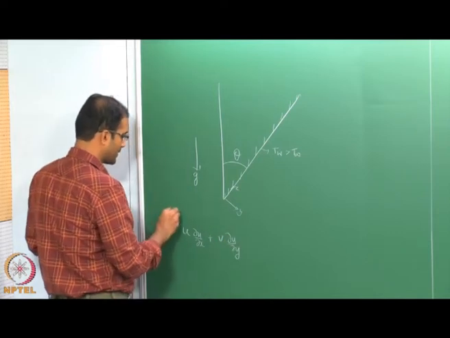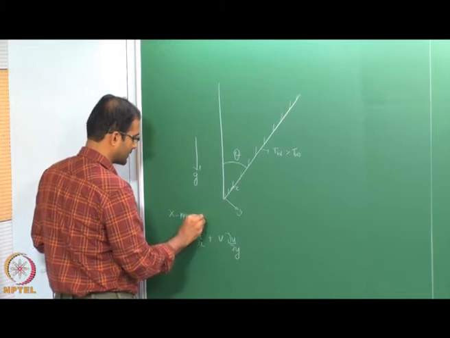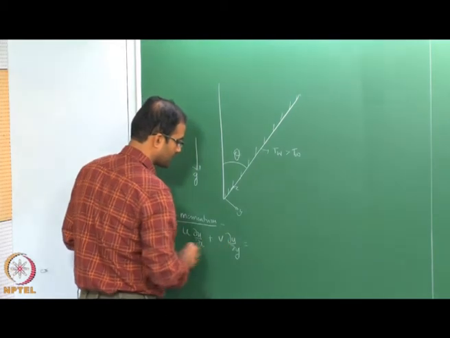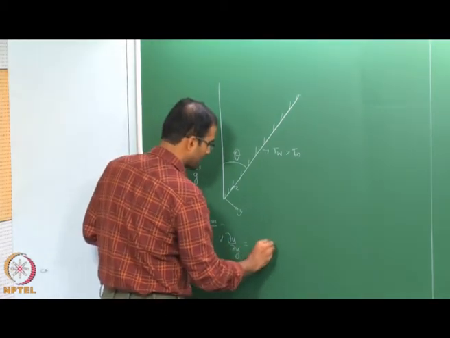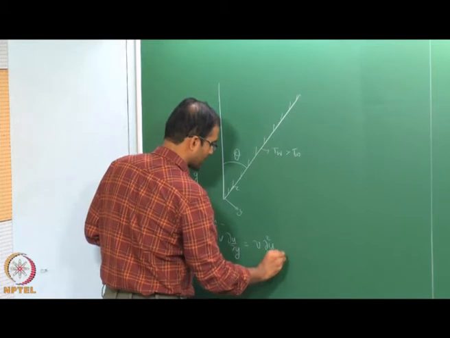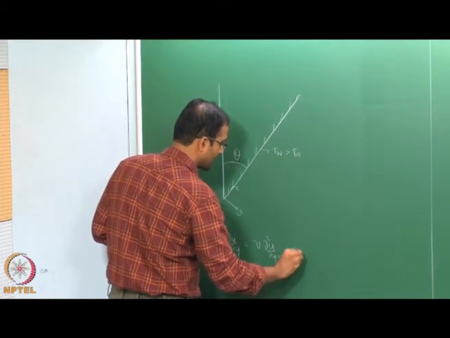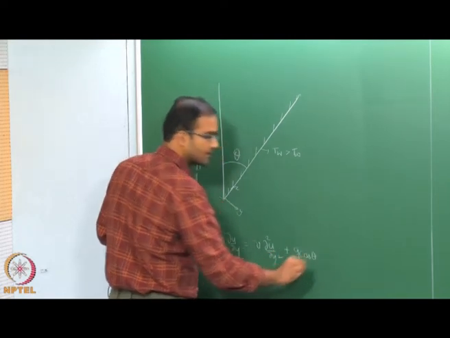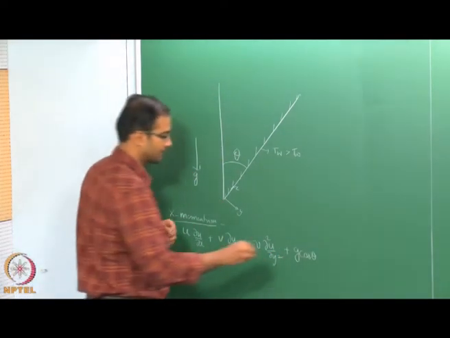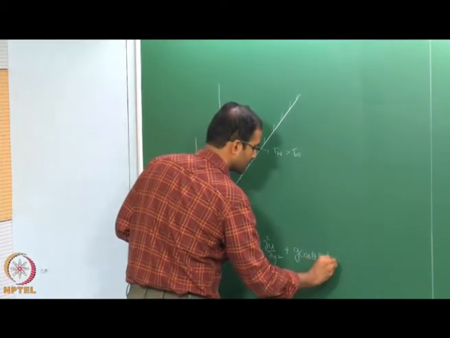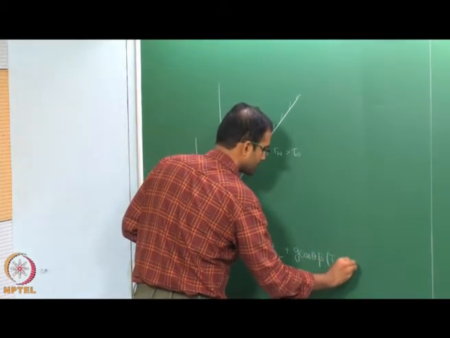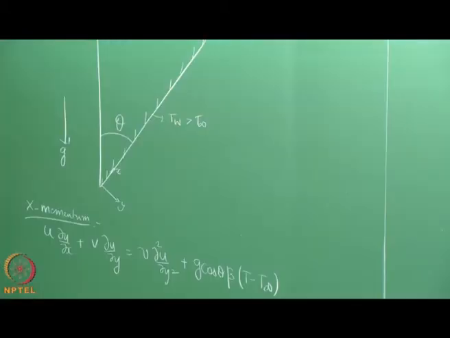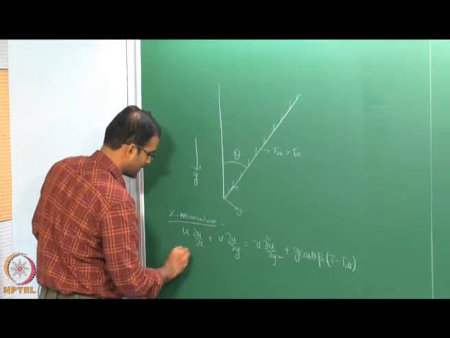This is the momentum equation along the plate length. This is what we call the x momentum, and we have nu d square u by dy square, plus the only difference here is that we have cos theta multiplied to g. Okay. And the energy equation is still the same.